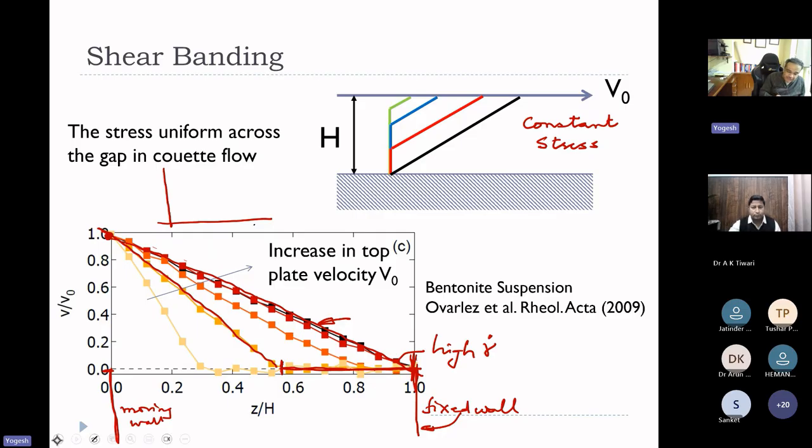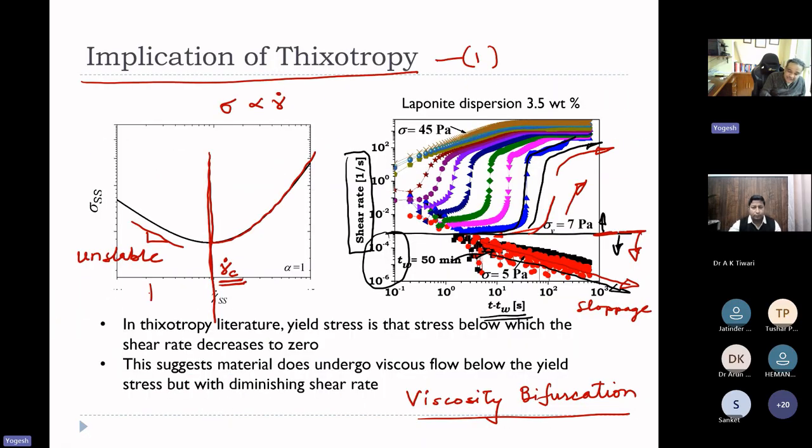But what do I mean by gamma dot in this region? The top plate velocity divided by h, where h is the distance between the two plates, is in this region. You are in an unstable region, which means the flow field must separate into two parts.